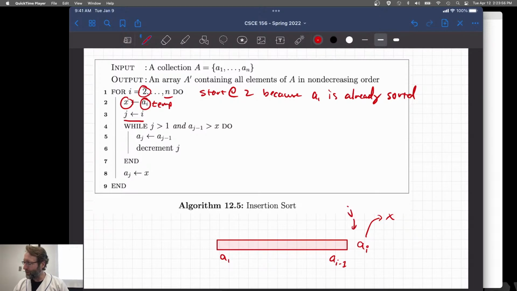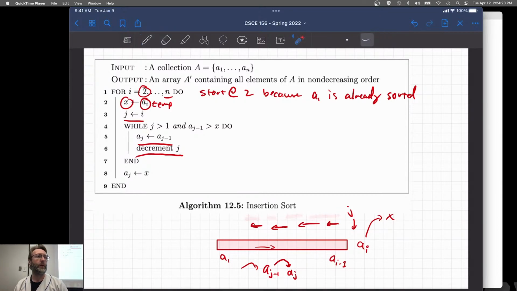Basically, j is going to run and go down. That's why we're decrementing it each iteration here. And we are shifting things up. What we're doing is we're taking a sub j minus 1 and putting it into a sub j. We're shifting things to the right as j goes down here.